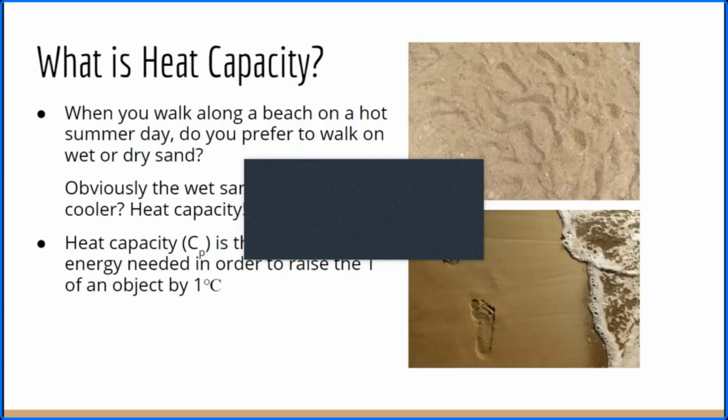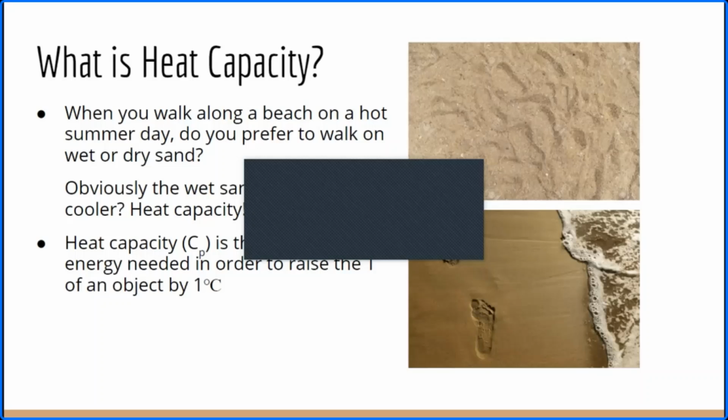You can also find similar phenomena like this when you think about walking on pavement versus walking on grass. Even if both are exposed to the same sunlight all day, walking on grass is obviously going to be a lot cooler on your feet. And so what we say there is that it has a higher heat capacity.